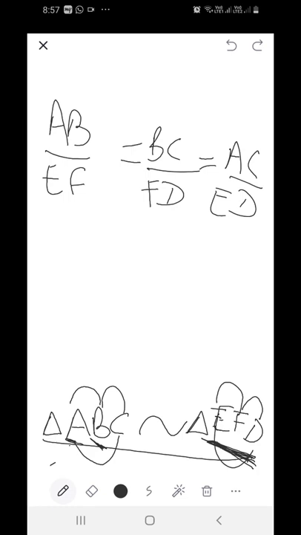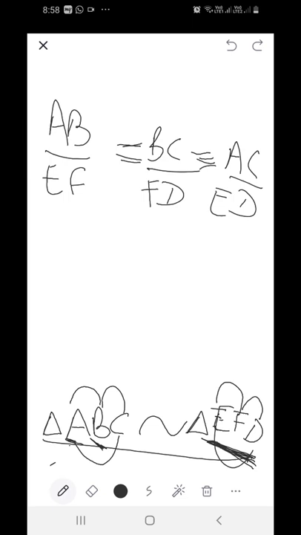So if you write the letters for the triangles in a proper manner, this is how you write the sides which are in proportionality. The proportion between the sides AB and EF will be the same between BC and FD, and the same between AC and ED. That is why I have used equality in between. Now you have seen that in all the proportions, I have written the sides of triangle ABC in the numerator.